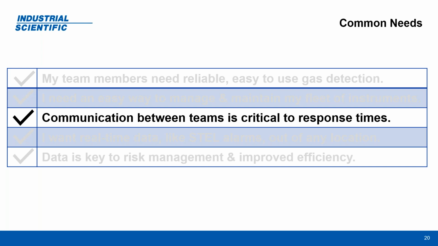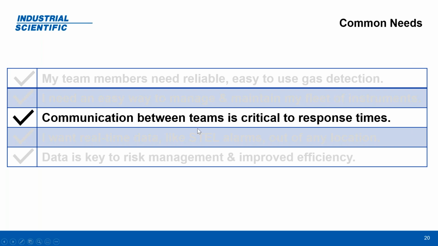One of the other things we hear frequently is that we have teams of workers out in the field, and communication between those teams, knowing what is going on within the team itself, is critical. And it's critical to how fast we can respond to emergencies. It's critical to the productivity and the safety of the team.